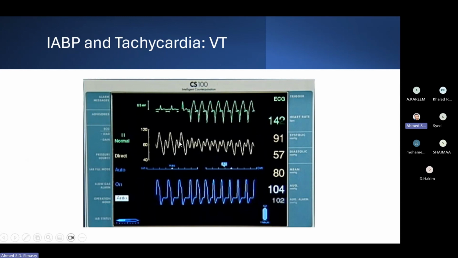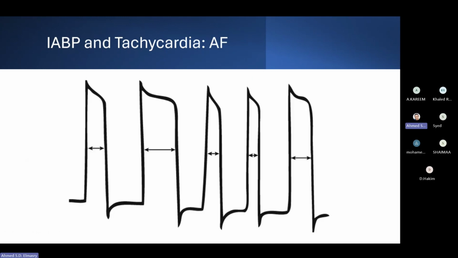So the diastolic augmentation here is perfect, but here the diastolic augmentation is much less, and this will lead to hemodynamic compromise and suboptimal coronary perfusion. And the same also regarding AF, you will get shortened diastolic time and reduced diastolic augmentation.